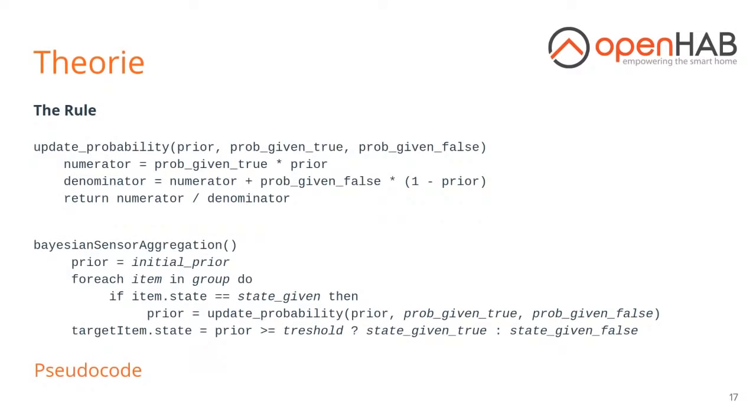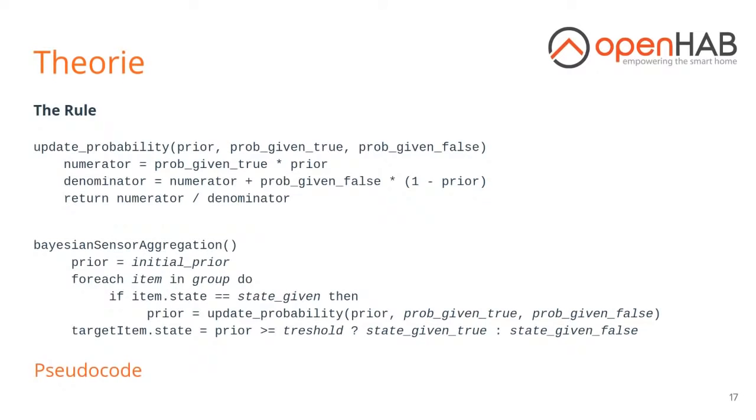Now you can see the pseudocode for my rule. In the upper part, you can see the Bayesian theorem itself, which calculates the numerator, denominator, and returns the result.